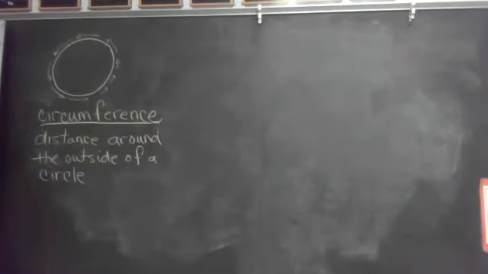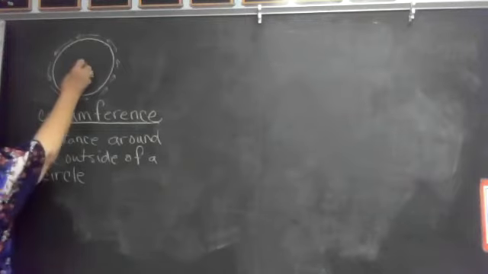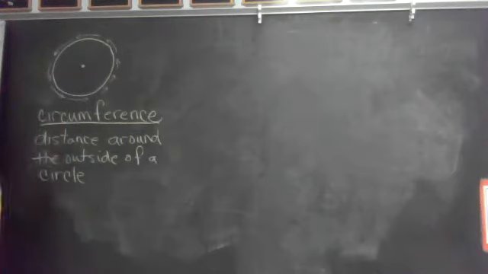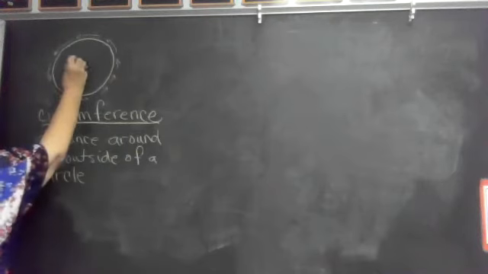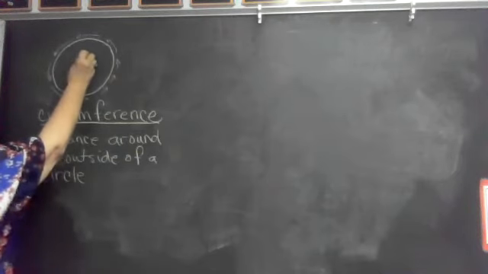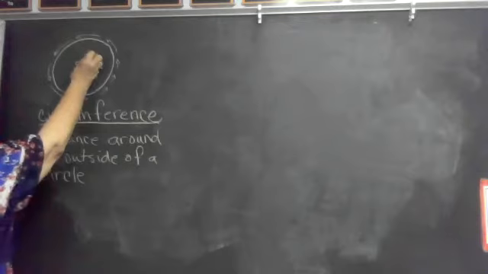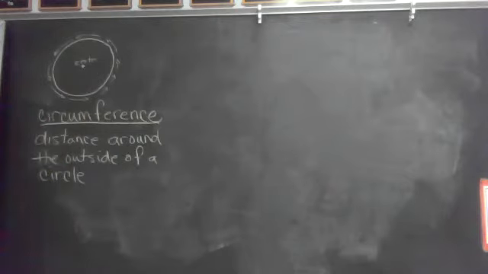Just like a perimeter, except we have a different formula because it is a circle. But the circumference is the distance around the outside of a circle. And of course, we have a little dot right in the middle, and it's called the center. This is the center of a circle.